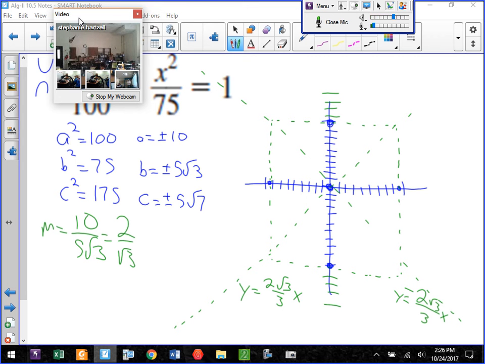So that focus is somewhere between 13 and 14. There's square root of 175. And then lastly, hug your asymptote, go through the vertex, hug the other asymptote.